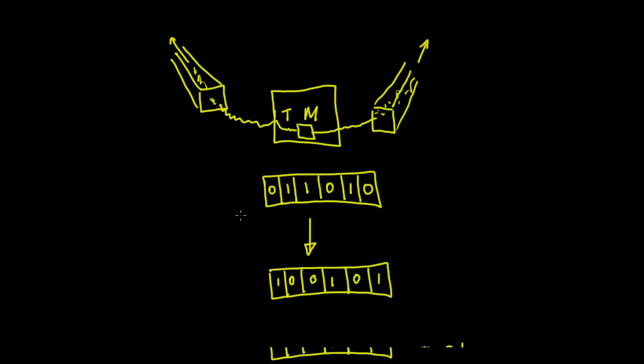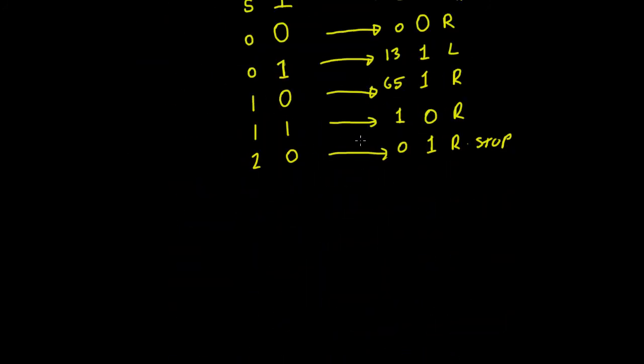The question then is, we have a problem in that we have to be able to represent not only the inputs in terms of zeros and ones, we also have to represent the algorithm.